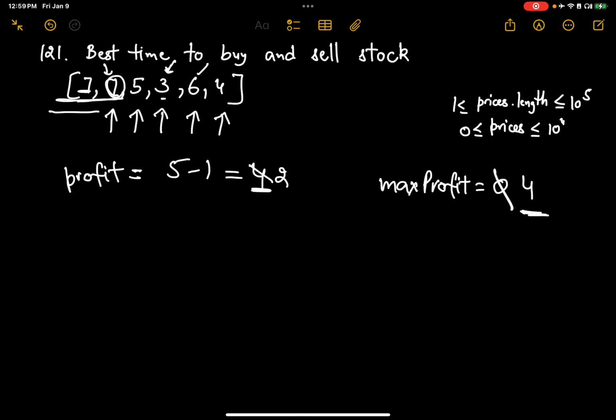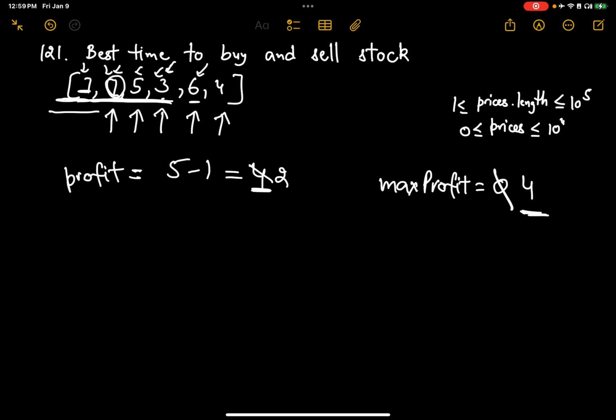Then I'll go to this day and I'll try to sell on the day when the price is 6. Then I'll try to check which day makes more sense to buy. Either I can buy on this day, this day, this day, this day, and I'll just keep on updating my profit.